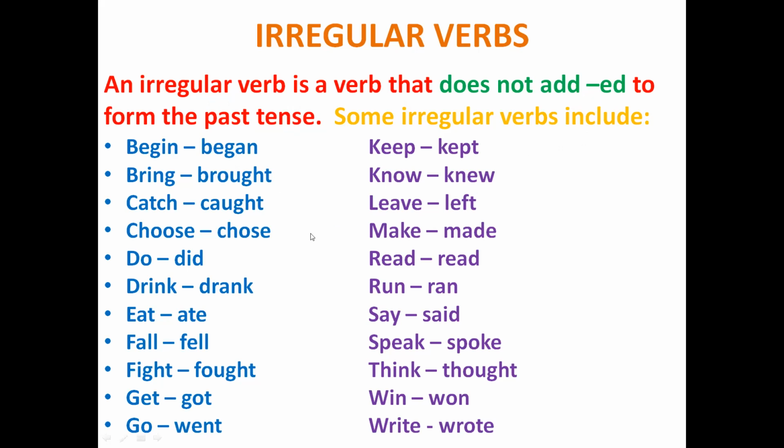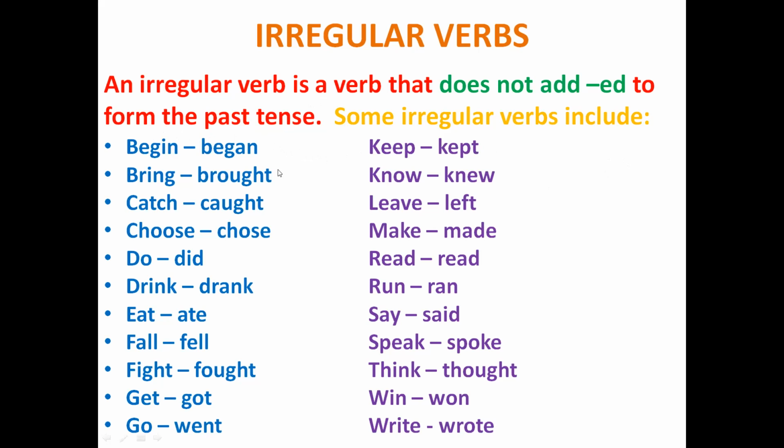Like talk, talked. Talk is a regular verb, and you add ed to make it past tense. But here we are dealing with irregular verbs. So irregular verbs do not end with ed when changed to past tense. An irregular verb is a verb that does not add ed to form the past tense.